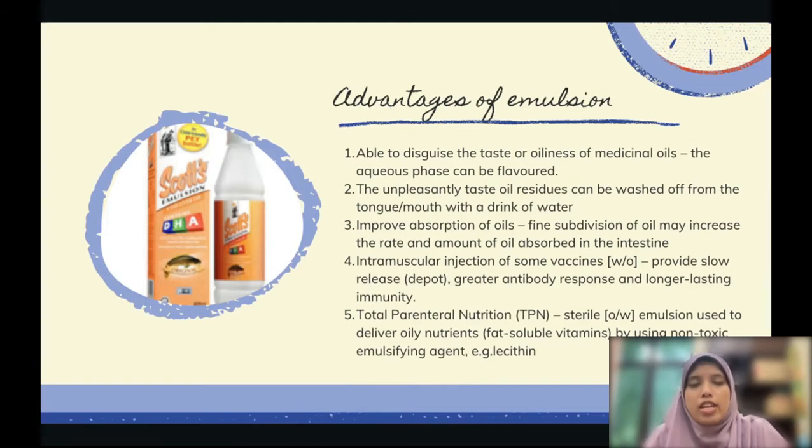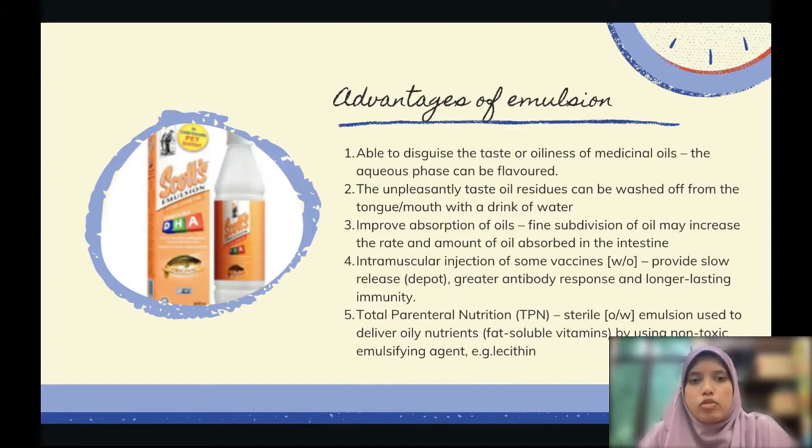So formulating the fish oil into an emulsion with added flavoring and coloring will increase the acceptance of patients, especially the pediatric patients. The unpleasant tasting oil can be washed off from the tongue or the mouth with a drink of water. So if the taste of the oil is still present, this can be easily washed off by drinking a glass of water.